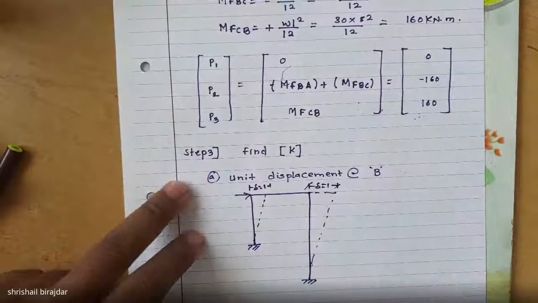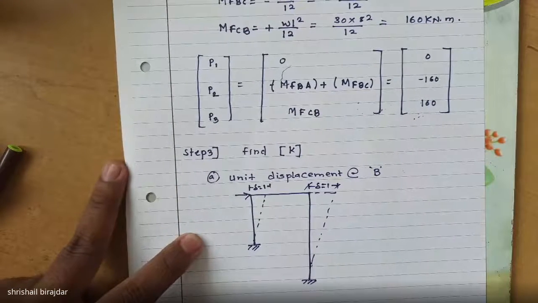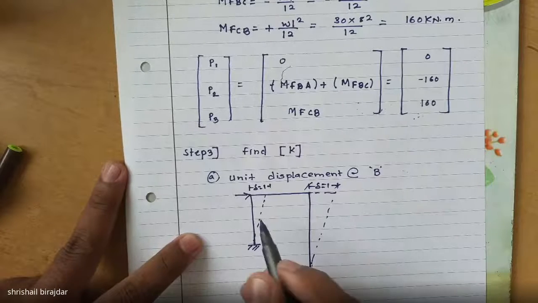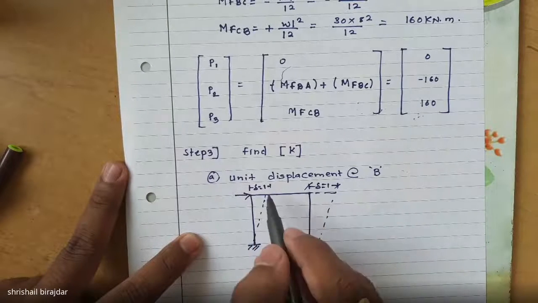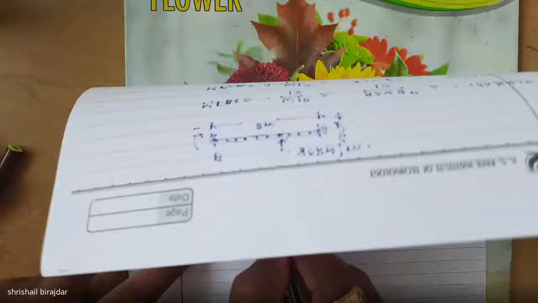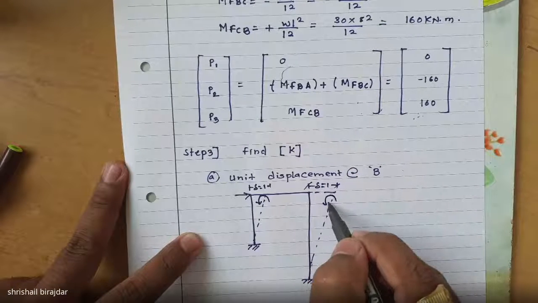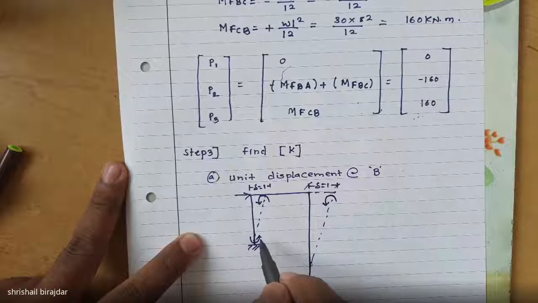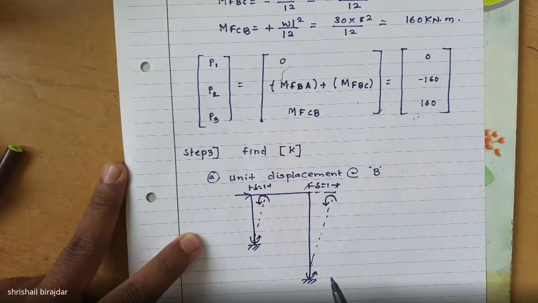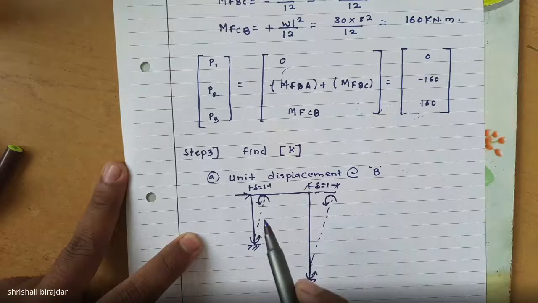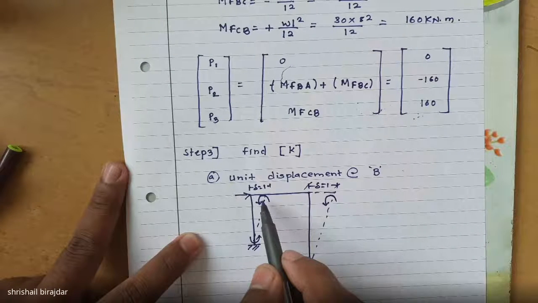After applying the unit displacement to the node B, it will deflect like this. You have to calculate the moment here and the translation here. Exactly after applying the unit displacement to the coordinates, you will get this particular moment.